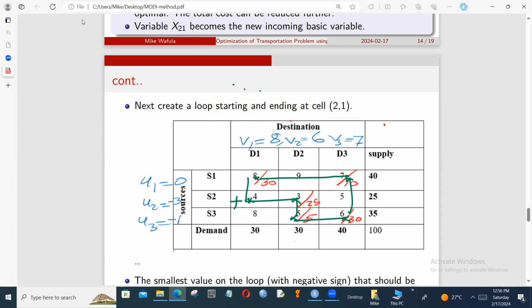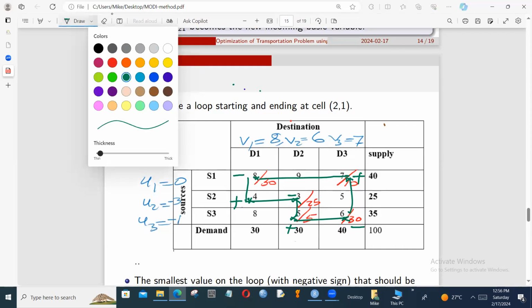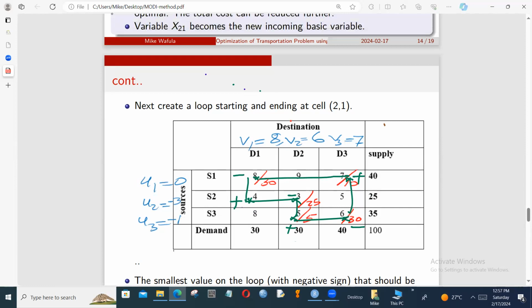So if this is positive, the other corner will be negative, this corner will be positive, this corner will be negative. We are fine up to that stage? Yes, we are fine. Now, from there, we said that for us, we are only interested in those cells with negative sign.